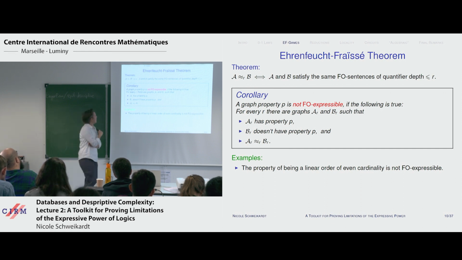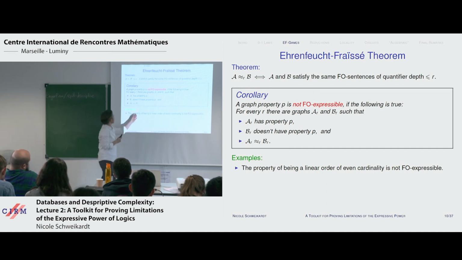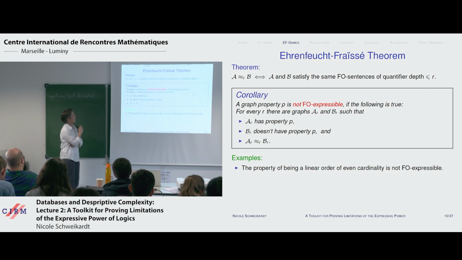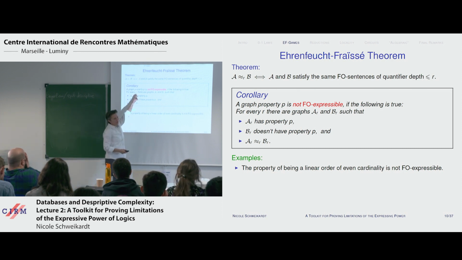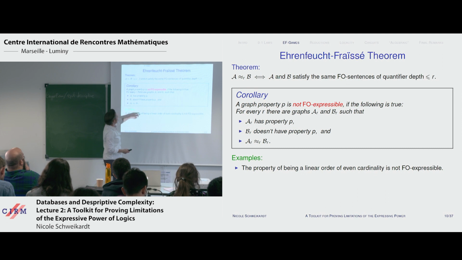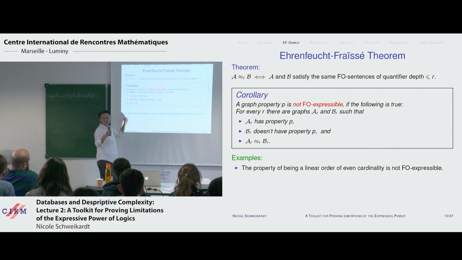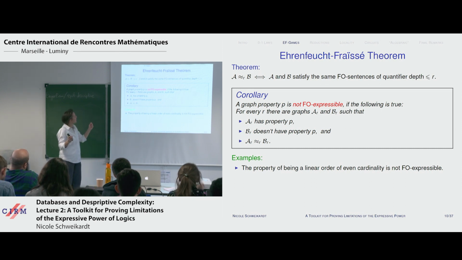For example, the property of being a linear order of even cardinality is not first order expressible. Why? Well, for every number R of rounds, you choose 2 linear orders which are sufficiently long. One should have even cardinality, the other shouldn't. And then you construct a winning strategy for the duplicator on these 2 linear orders.